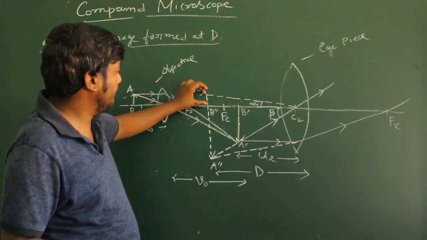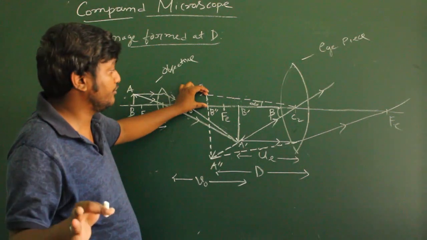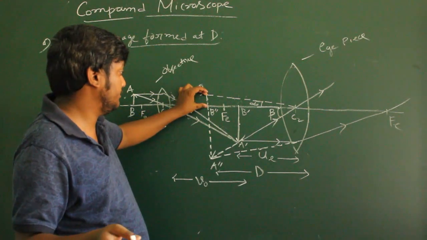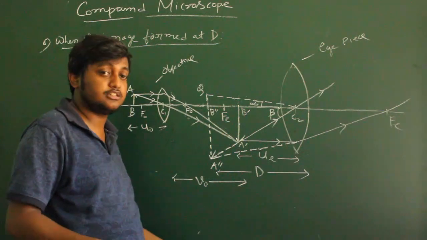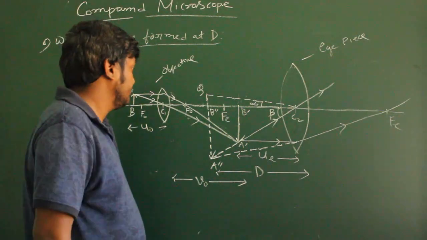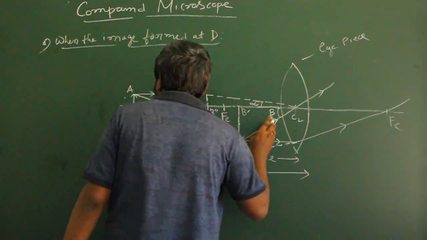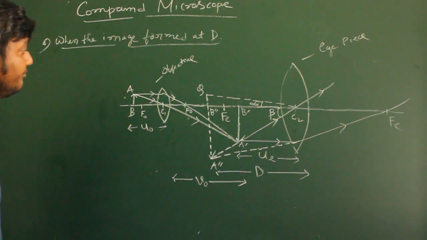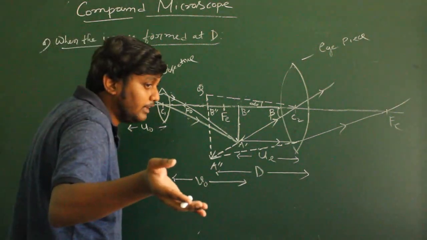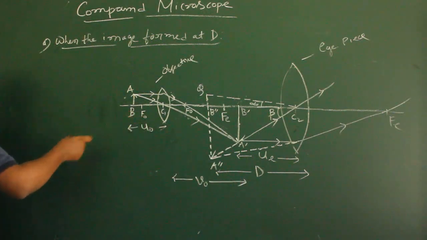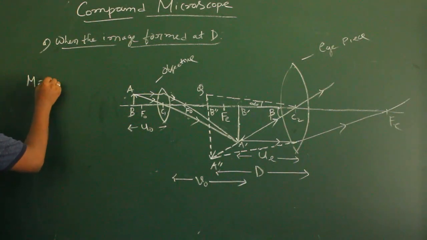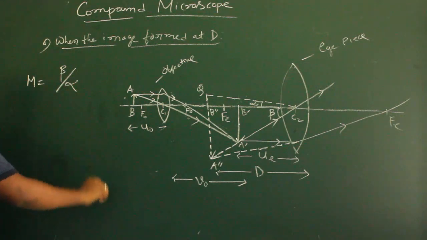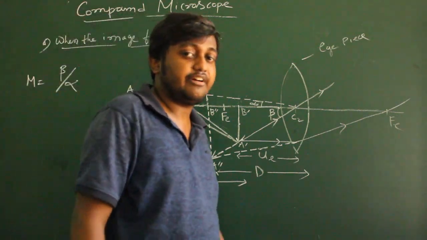This will be the object, placed at the least distance of distinct vision, and alpha is the angle subtended by the object at the eye. So magnification will be M equals beta by alpha.